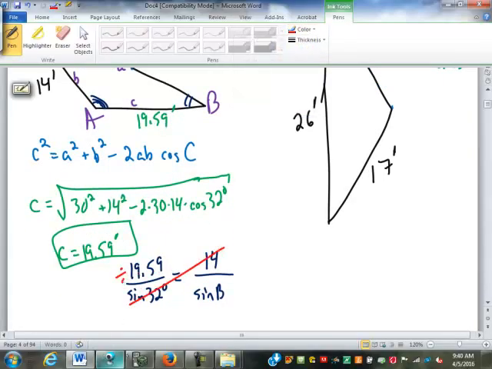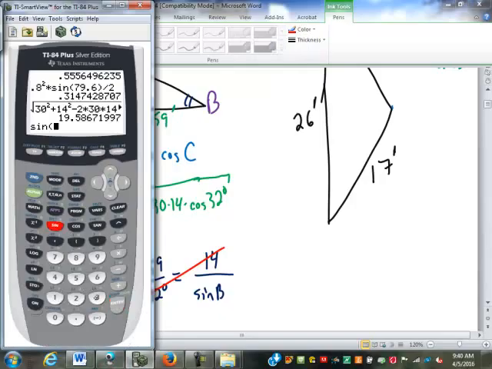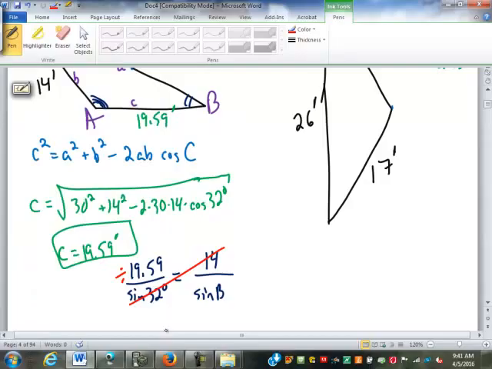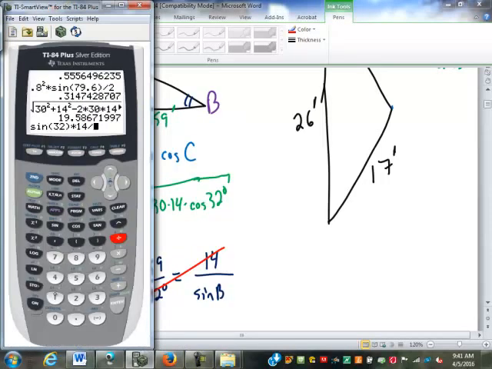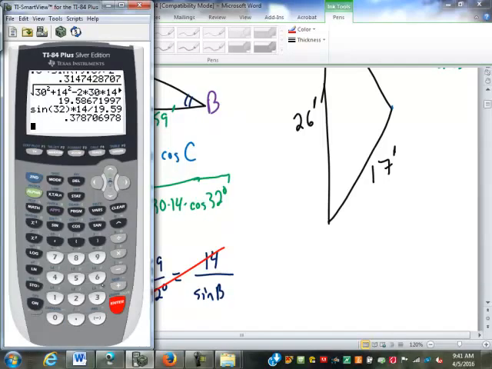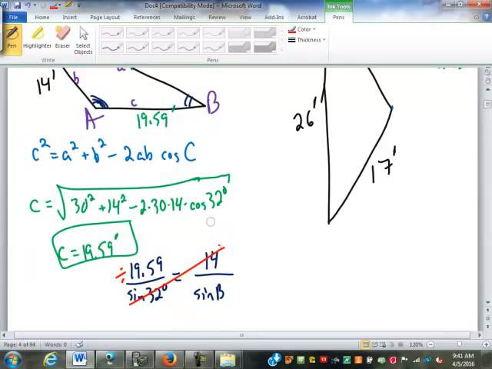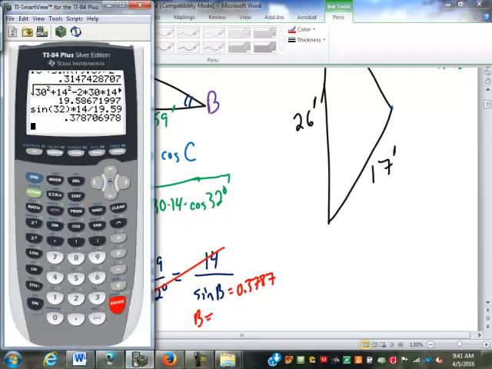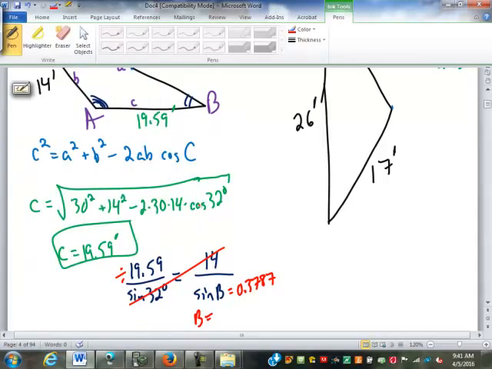Sine of 32 times 14 divided by 19.59 is 0.3787. Of course, that is the sine of B, so B is the inverse sine of that: 22.25 degrees.